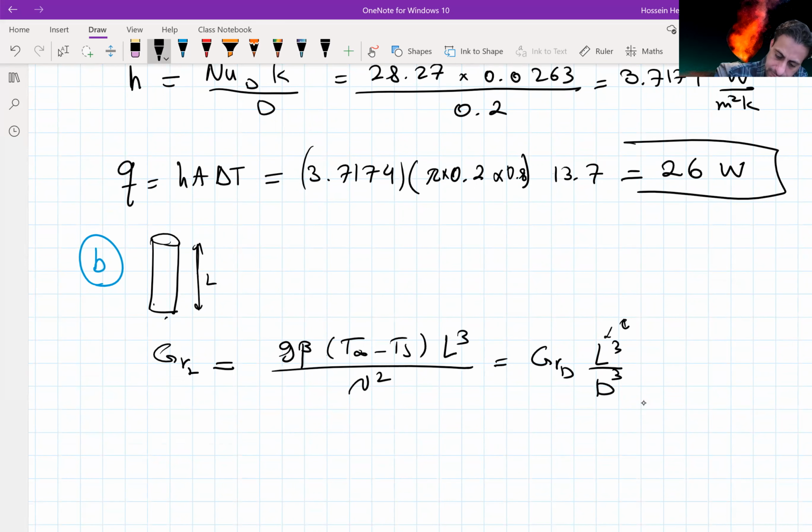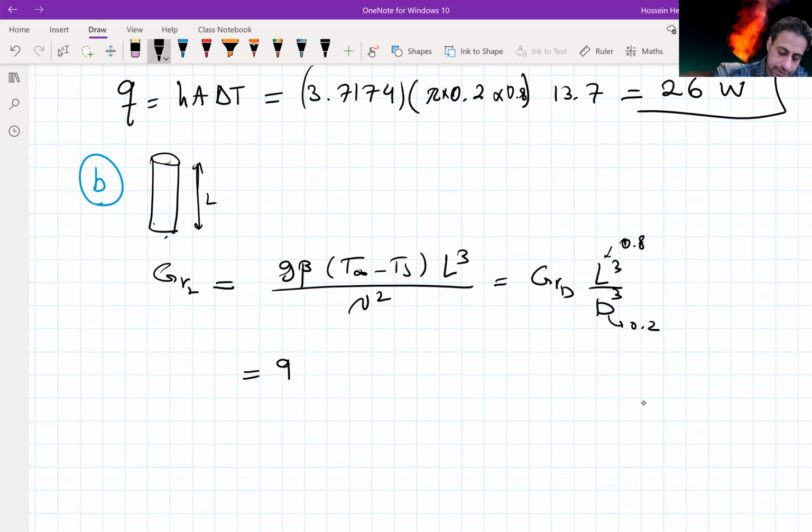So here L is going to be 0.8 and D is 0.2. So if you do the math here, what you're going to get is 9.08427946 times 10 to the power 8.